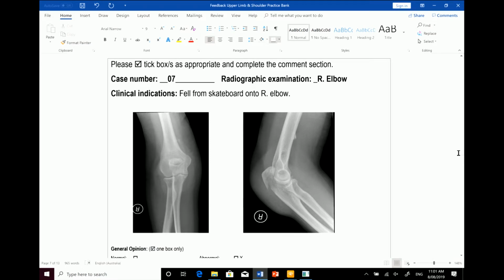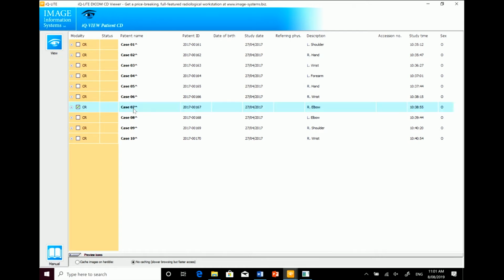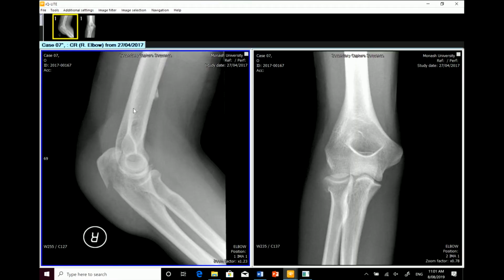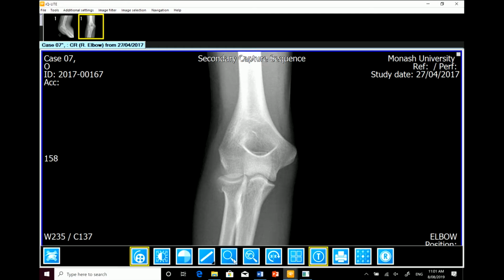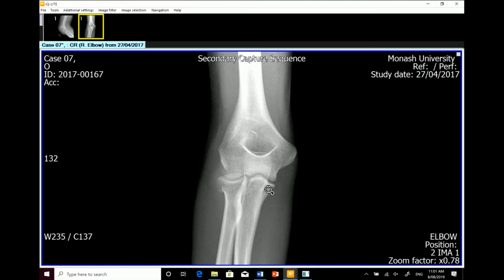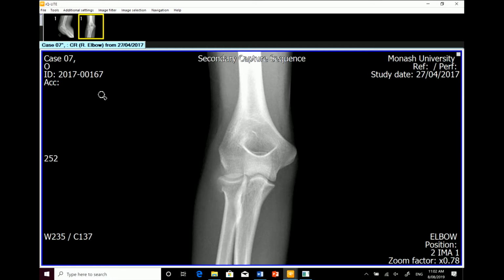Okay, so for case 7, we have a patient who fell from a skateboard onto the right elbow. So if we first look at the AP view, the main thing that we can see on the radial head is that there is a step on the cortex side, so there's an almost like overhanging of the cortex.